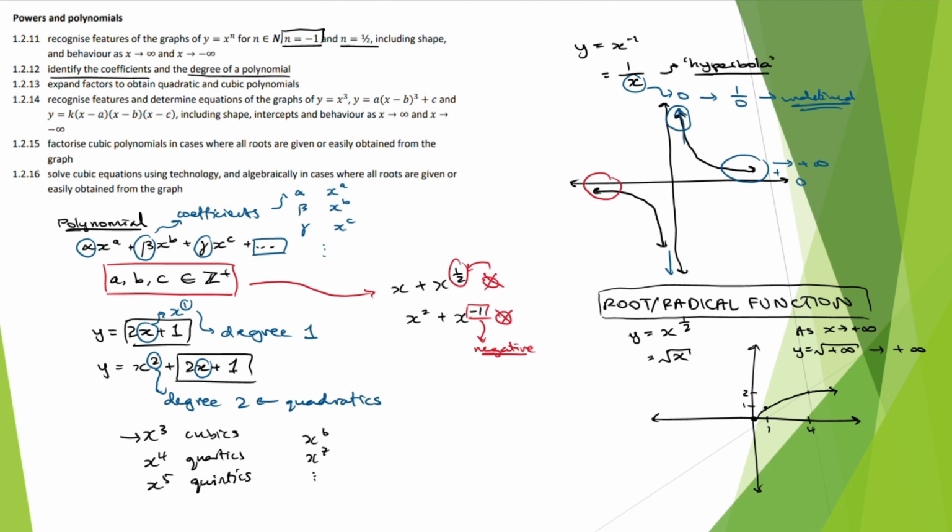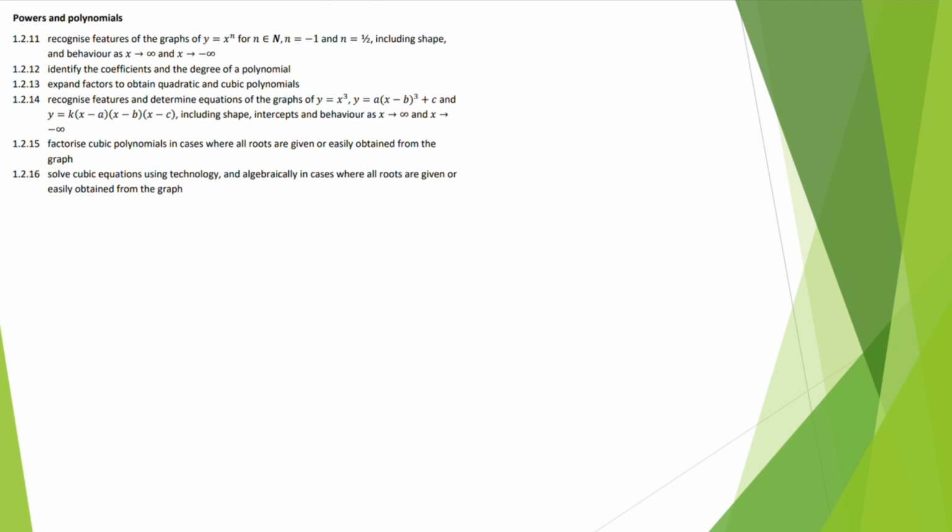Okay, but otherwise, let's move on to expanding and factorizing quadratic and cubic polynomials. The two syllabus dot points that we're going to be dealing with are 1.13 and 1.14. And what we're doing is we're trying to expand factors to obtain quadratic and cubic polynomials.